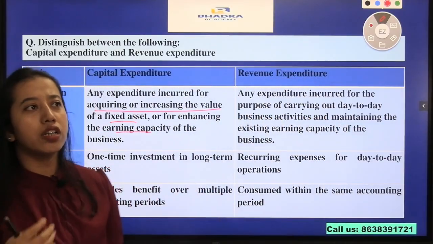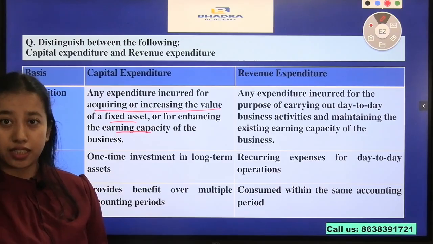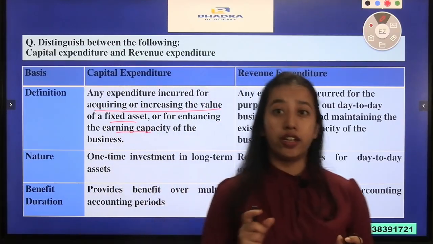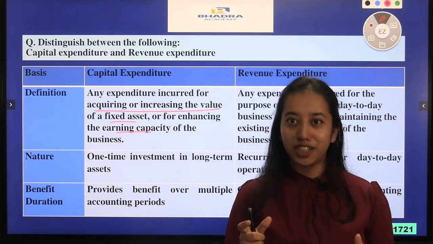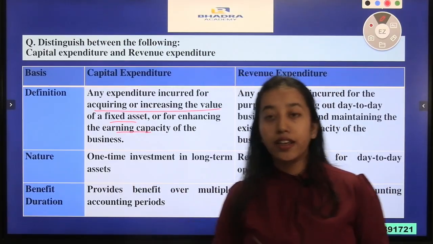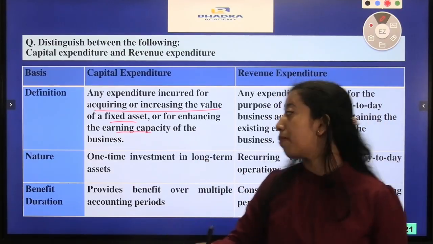But to understand it simply, capital expenditure is expenditure made on purchasing assets. These are mostly heavy expenditures, expenditures of huge amounts, and they enhance the earning capacity of the business.